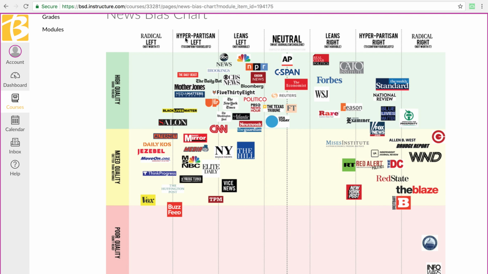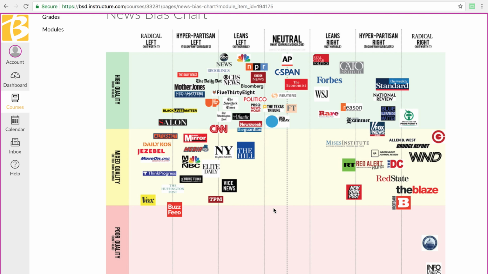I can see why they have it go to a lower quality as it goes farther to the left and to the right, because the more distant you get from journalism, where it should be a lot more unbiased and fact-based, the more of a quality discrepancy you're going to get. So if you're only focusing on one side of an issue, it's going to become a little bit lower quality.